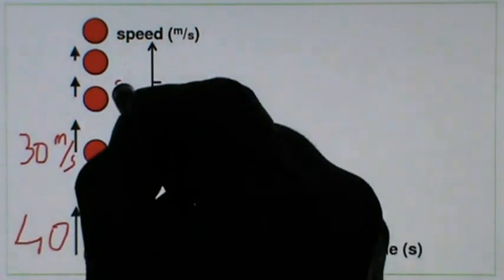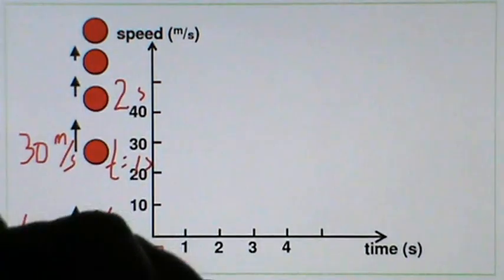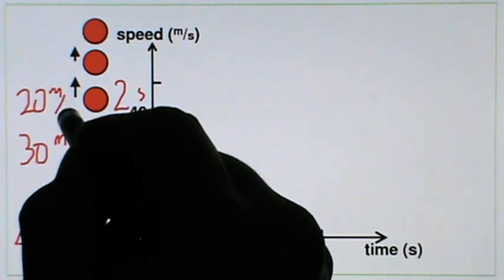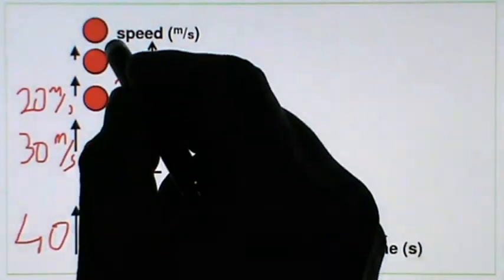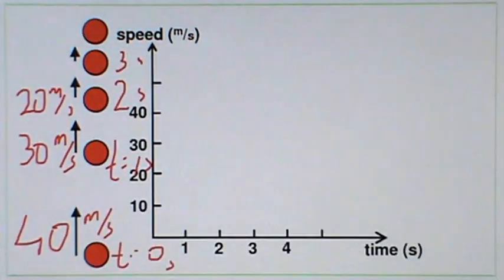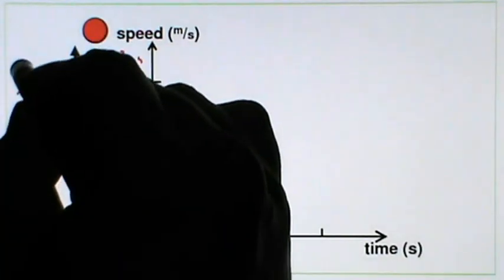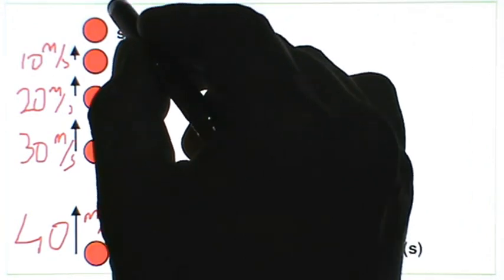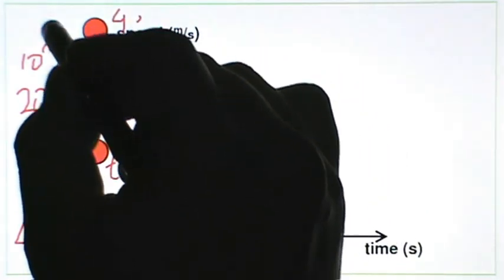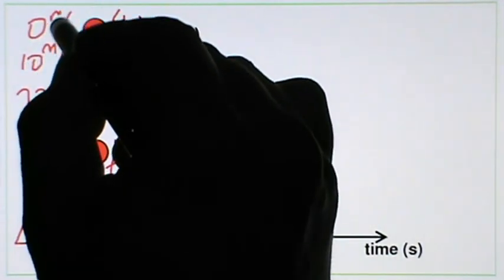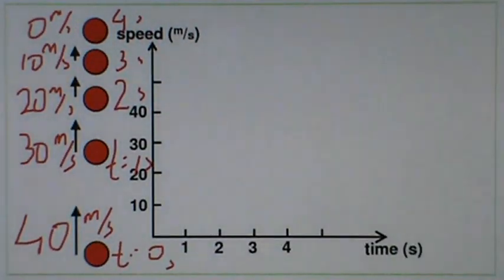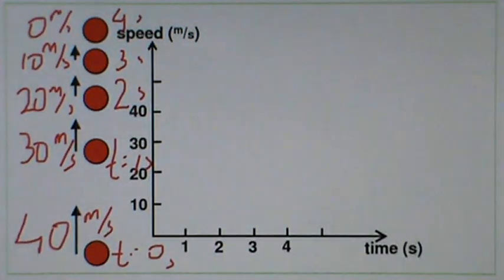So at 2 seconds, you can guess that the speed will be 20 meters per second, and then at 3 seconds, it will be 10. And finally, after 4 seconds, it will stop at the highest point, where the speed is 0. And then it will fall downward.